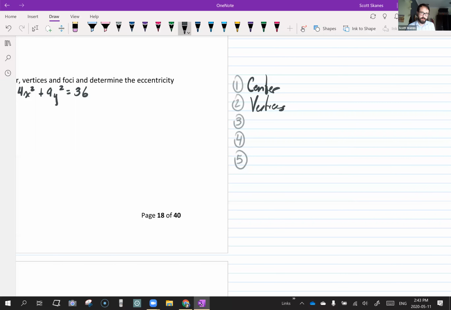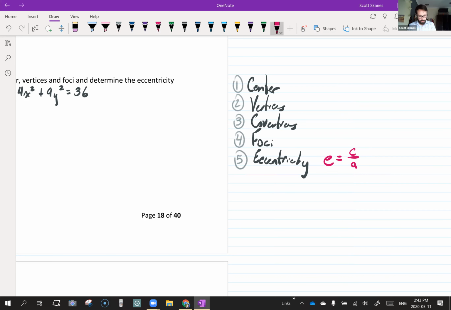That's the points on the major axis, the endpoints of the ellipse. What are the co-vertices? That's the points on the minor axis, the endpoints. What are the focal points, or the foci? You take the major axis but only add a small distance. And then eccentricity is how stretched it is.